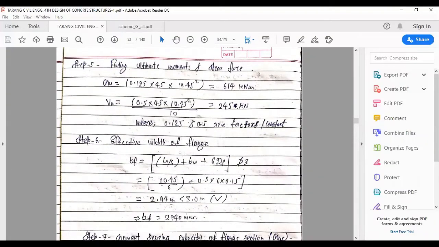So next step is to find the value of ultimate moment and shear force. Ultimate moment can be found by the formula 0.125 multiplied by 45 multiplied by 10.45 square.